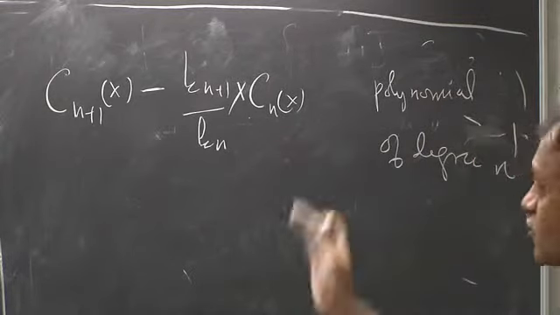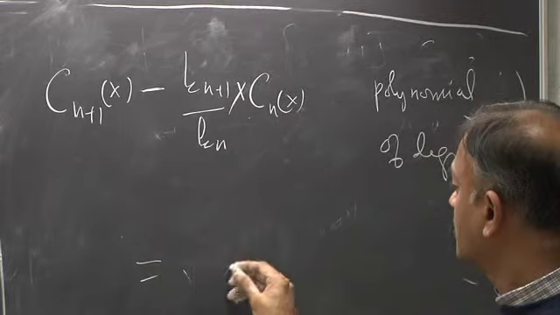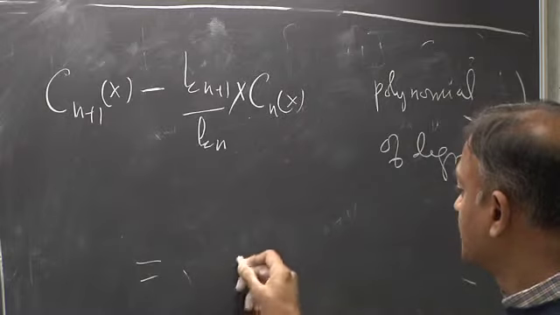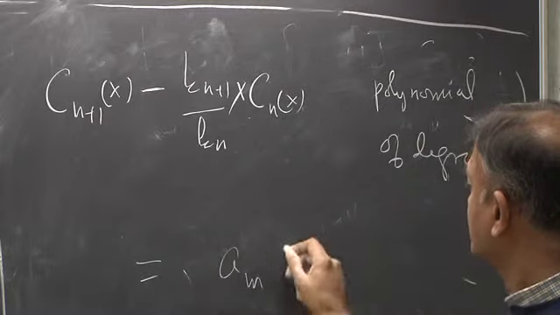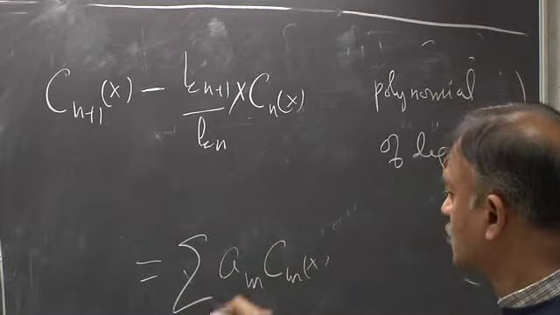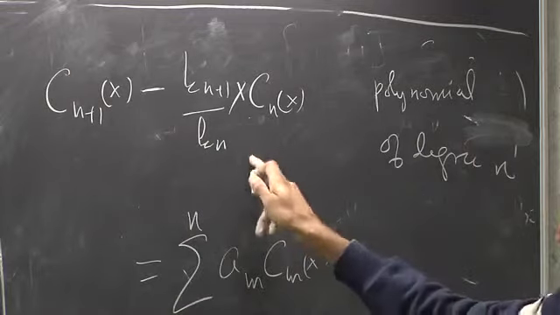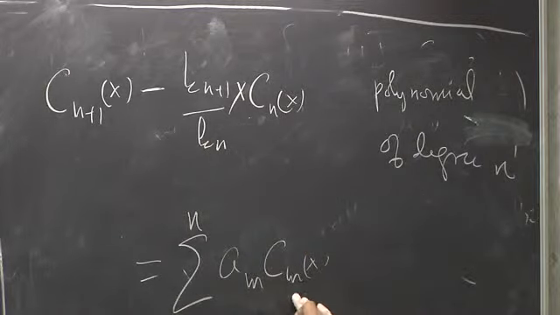Right? This combination. So that means I can expand it in terms of some coefficients, let's say am Cm of x, where m goes from 0 to n, because this combination is an nth degree polynomial, so I should be able to expand it in this basis.